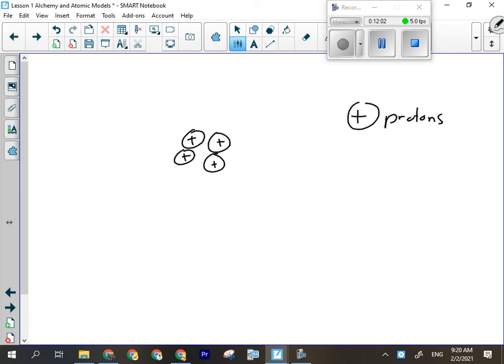Here's how we figure out the number of neutrons, and you might want to write this down because, as I said, I guarantee you this question is going to be on your unit exam. The number of neutrons equals the atomic mass minus the atomic number.